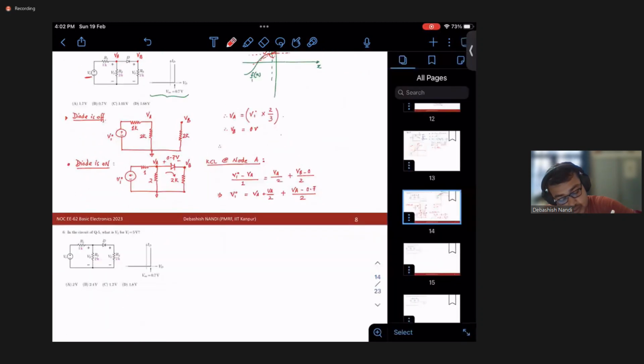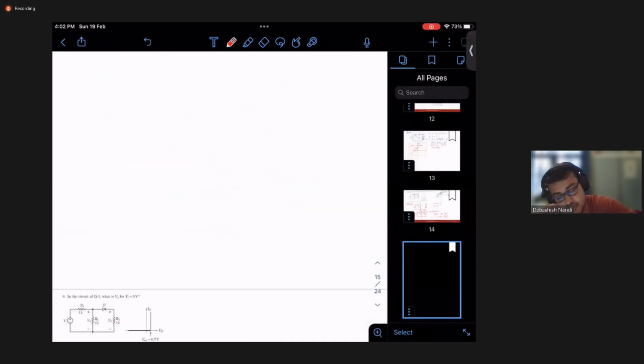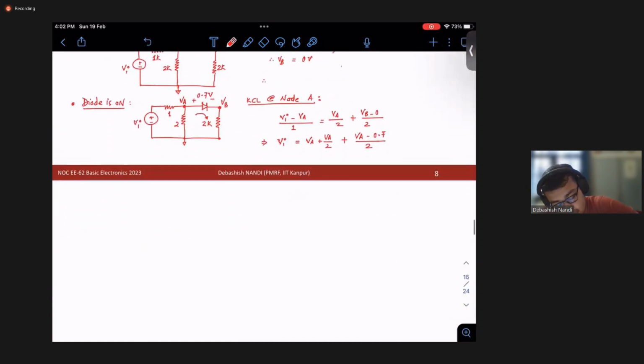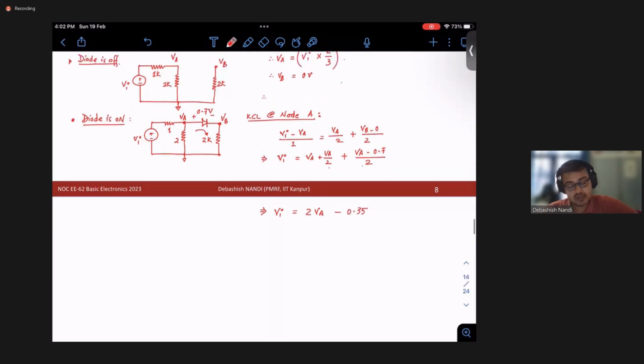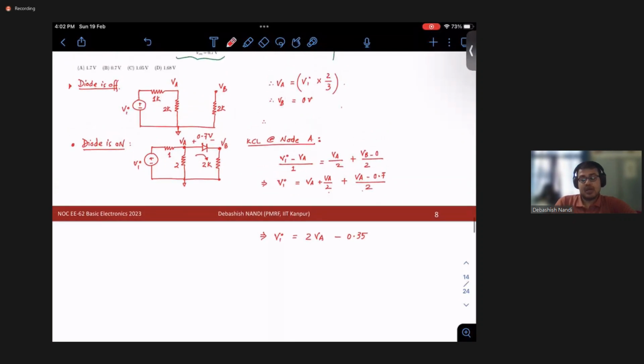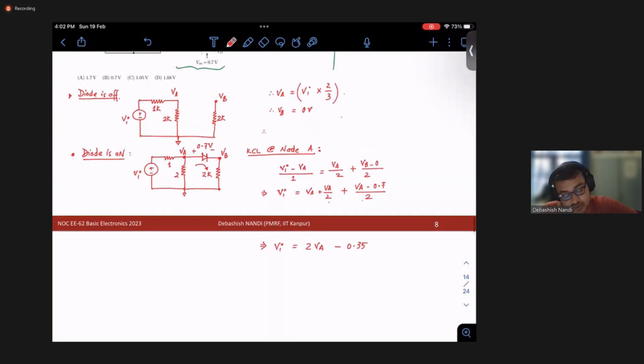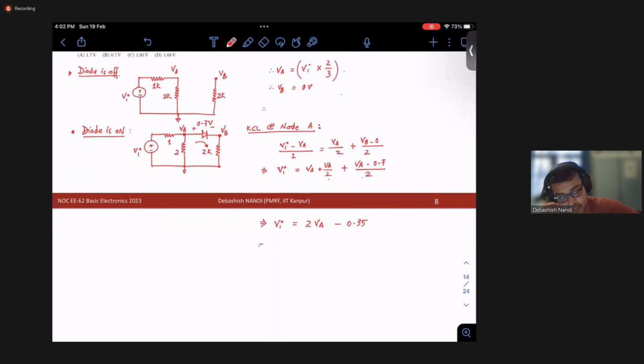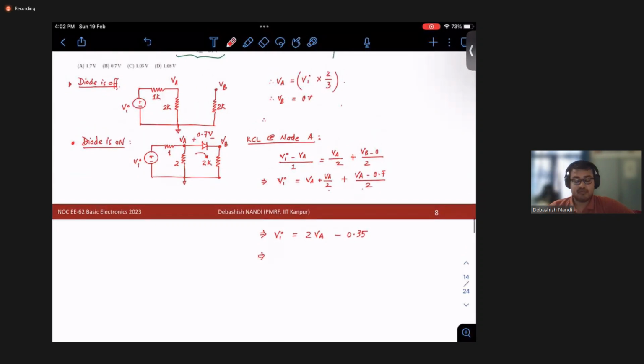So VI became 2 VA minus 0.35, right? So I need to find out at what voltage my diode is turning on, right?